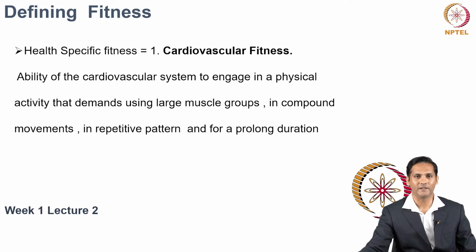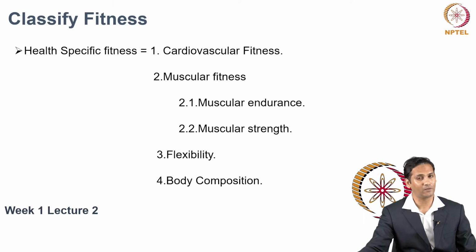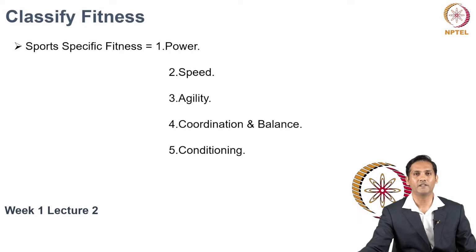Now this type of fitness, health specific fitness, is more applicable for non-athletes. Sport specific fitness, as the term means, is more applicable to athletes. It includes power, speed, agility, coordination and balance, and conditioning.